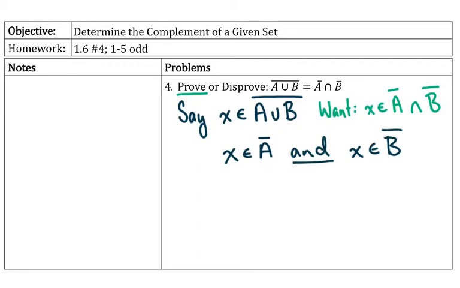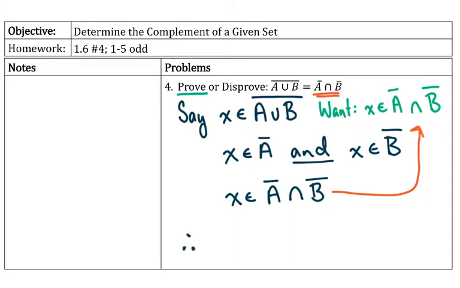So x is in the intersection of the complement of A and the complement of B, which is what we want, because that's the other side of our proof. So, using the three dots, therefore we know that the first set, the complement of A union B, is a subset. Every element in it is also in here. So now we know that this is true.